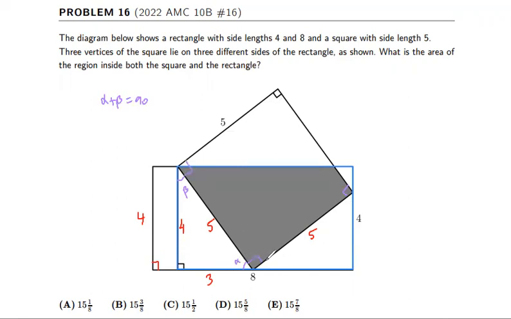Alpha plus the third angle right here should be 90 as well, which means this guy is beta. And this is 90, so this is alpha, and this is 90, this is alpha. That tells you this is beta. It's kind of hard to see, so let's make it a bit bigger.